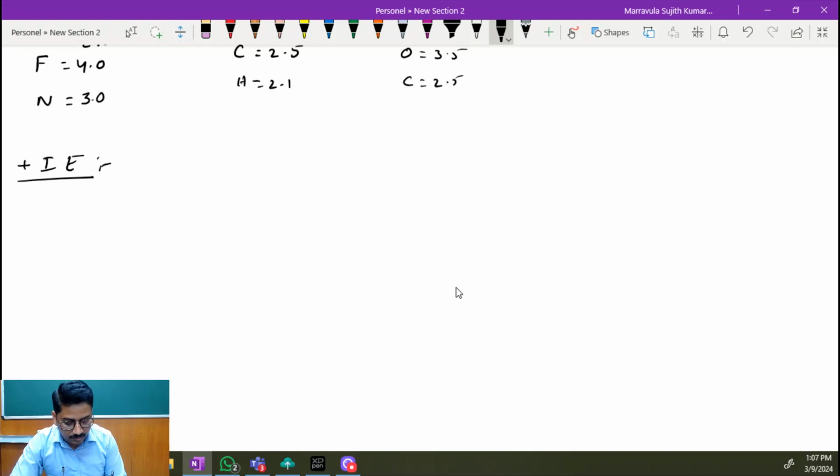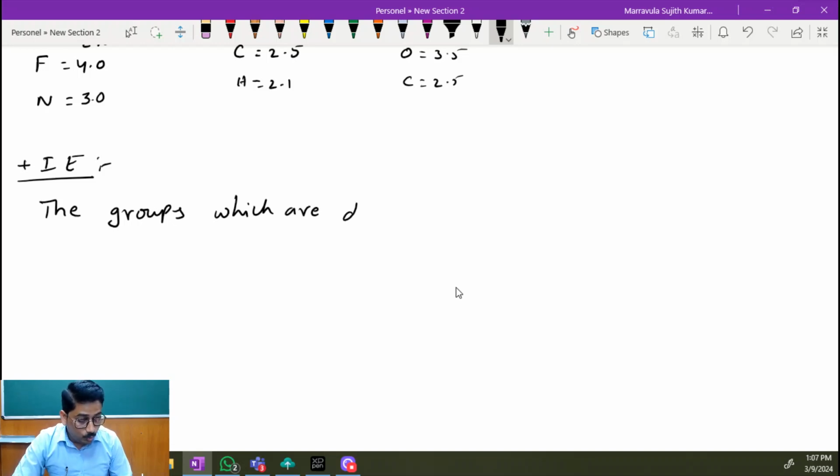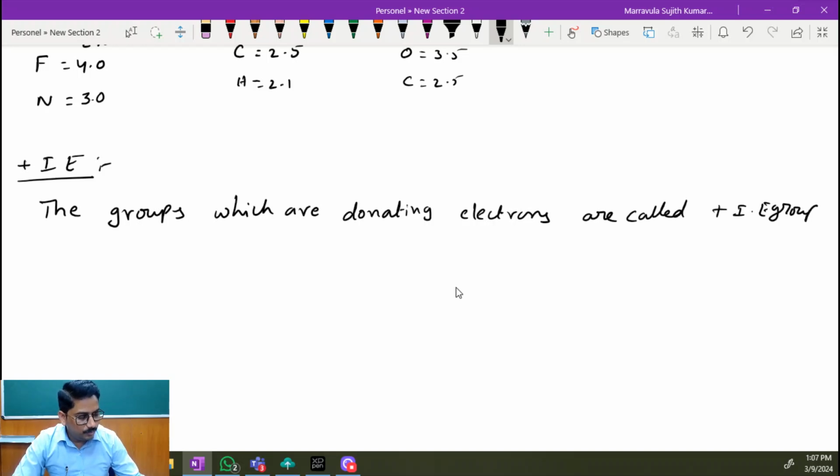Plus IE groups are nothing but the groups which are donating the electrons. Groups donating electrons are called plus IE groups. It's very simple. So for example, let's take that.